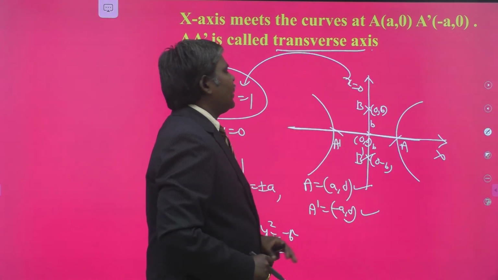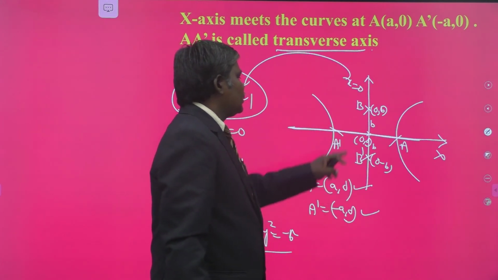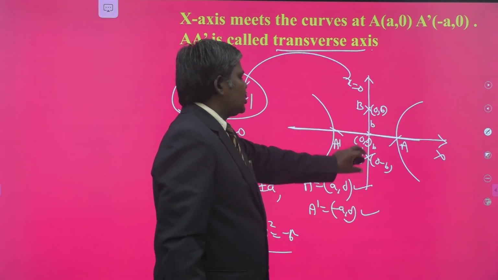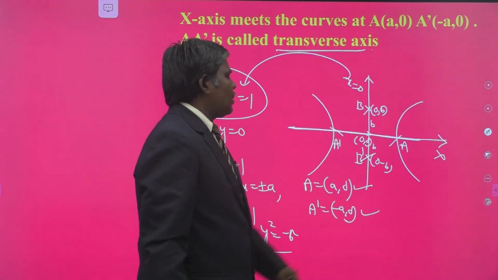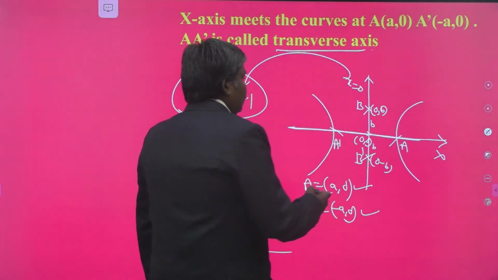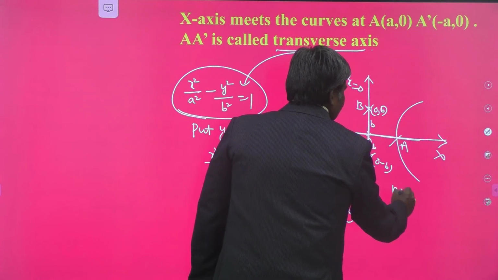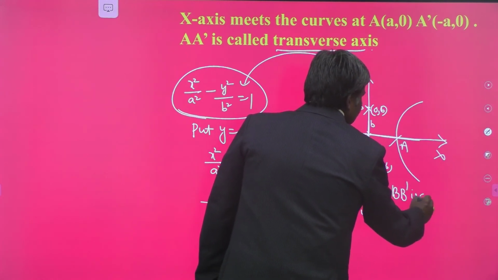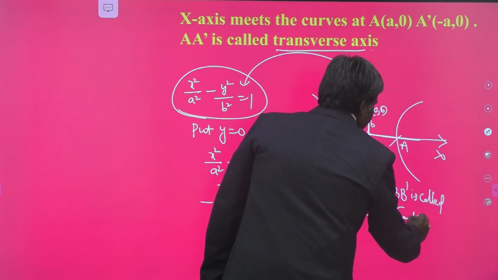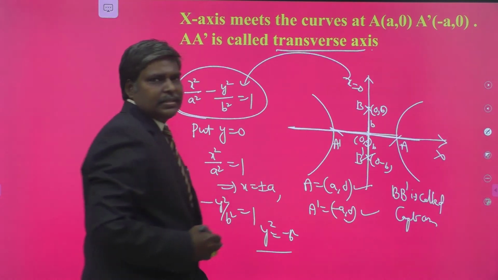You choose two points on the y-axis which are at distance b from the origin: B (0, b) and B dash (0, -b) are called the ends of the conjugate axis. BB dash is called what? Conjugate axis. A dash is called what? Transverse axis. Understand?